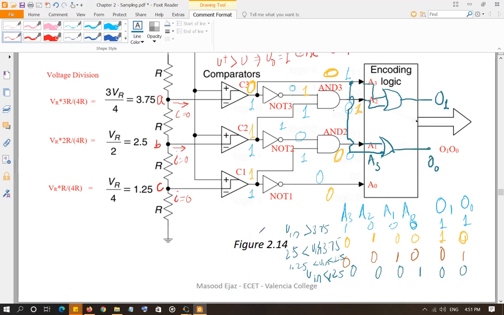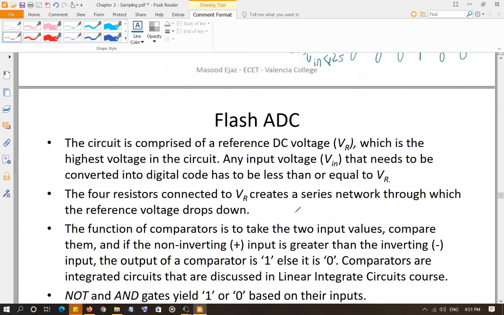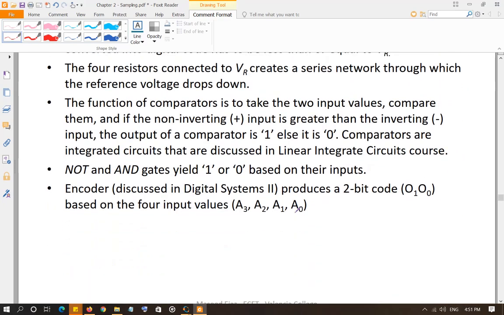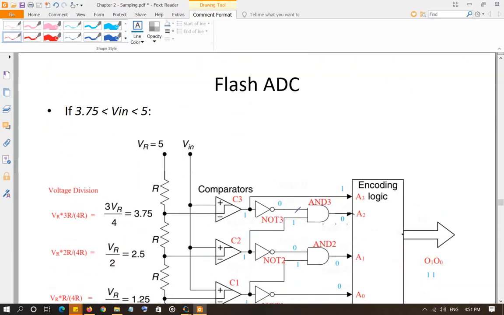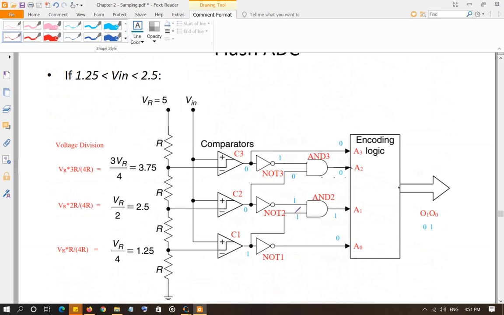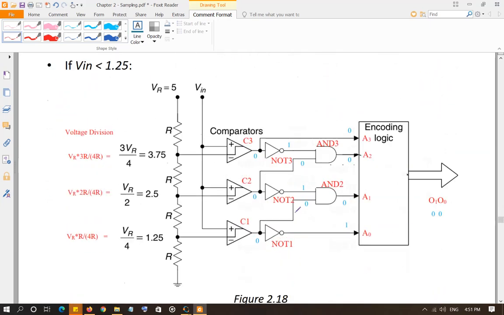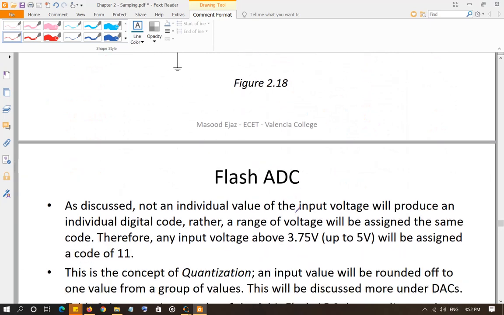So that's how the encoder logic is. Extremely simple, right? That's how O1 and O0 will be generated. So I hope you would have understood this thing. Whatever I explained on just this slide, I have basically put this whole explanation in the next 3 or 4 slides, each and every case. So you can go over those as well with my explanation, and hopefully it will make sense to you.